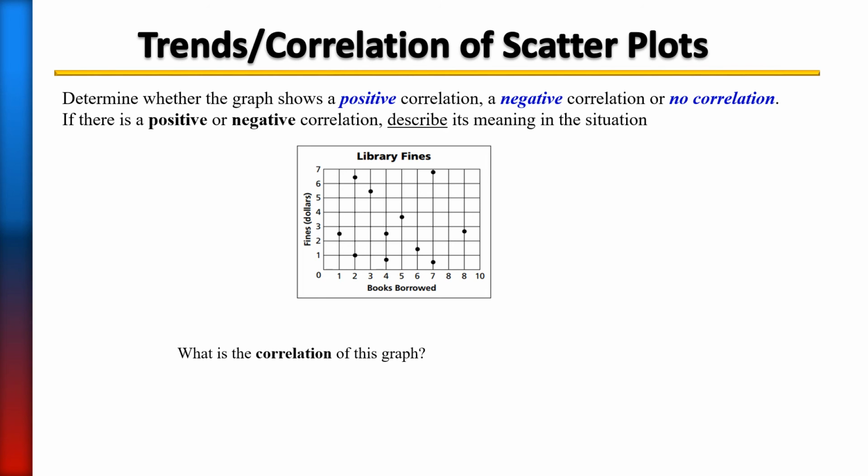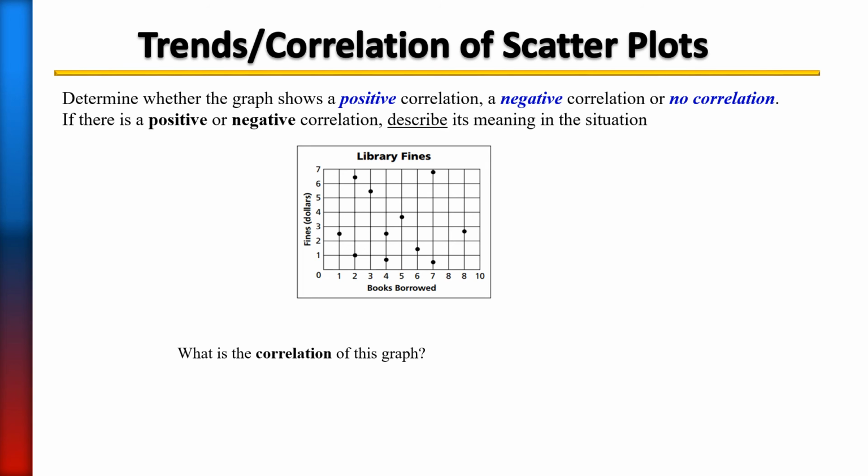So when asked over 100 people about the number of books they borrowed versus the fines that they had from the library, notice that the dots here, your paired data, your ordered pairs, are sort of scattered all over the place. There's no positive correlation here that you can determine.